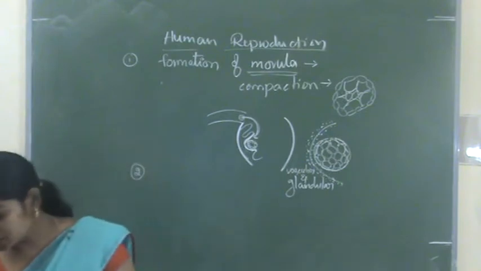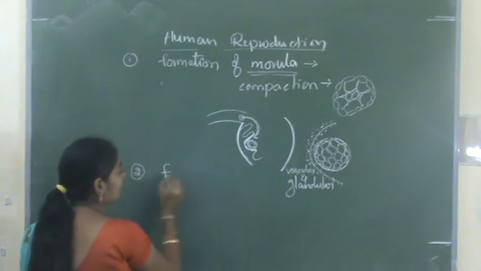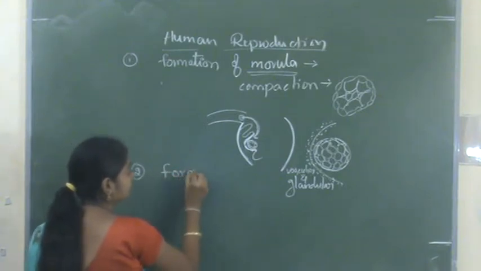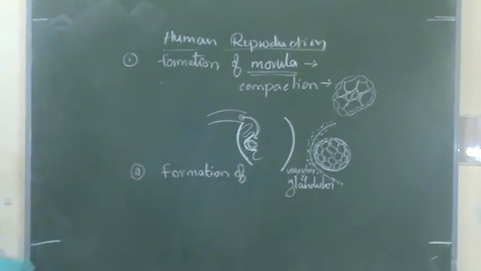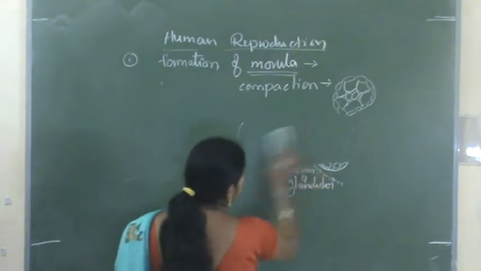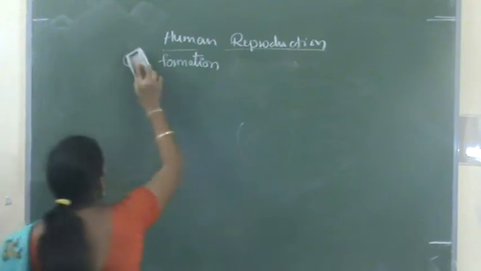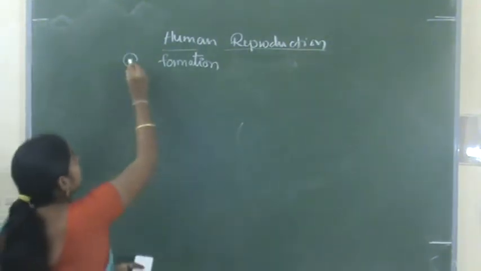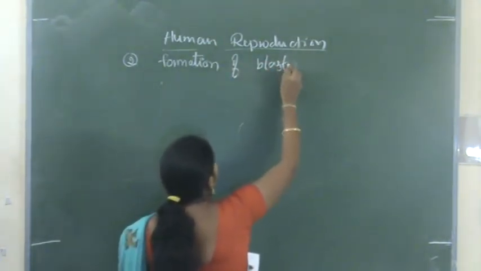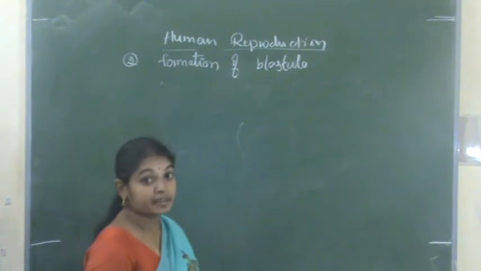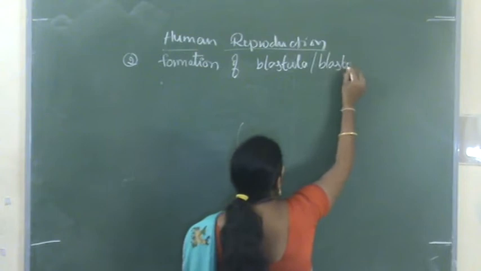The next process we are taking here is the formation of blastula. Second step, formation of blastula, which is also known as blastocyst.